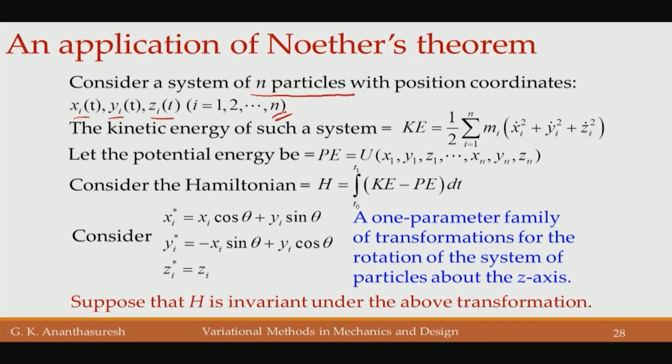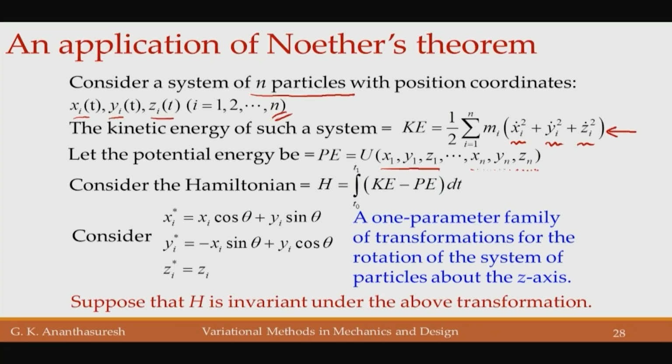Kinetic energy of such a system is easy to write, each particle half m v square, that is why we have in 3 dimensions xi dot square, yi dot square, zi dot square, that is the total kinetic energy, and potential energy will be a function of x1 y1 z1, x2 y2 z2, x3 y3 z3 up to xn yn zn.